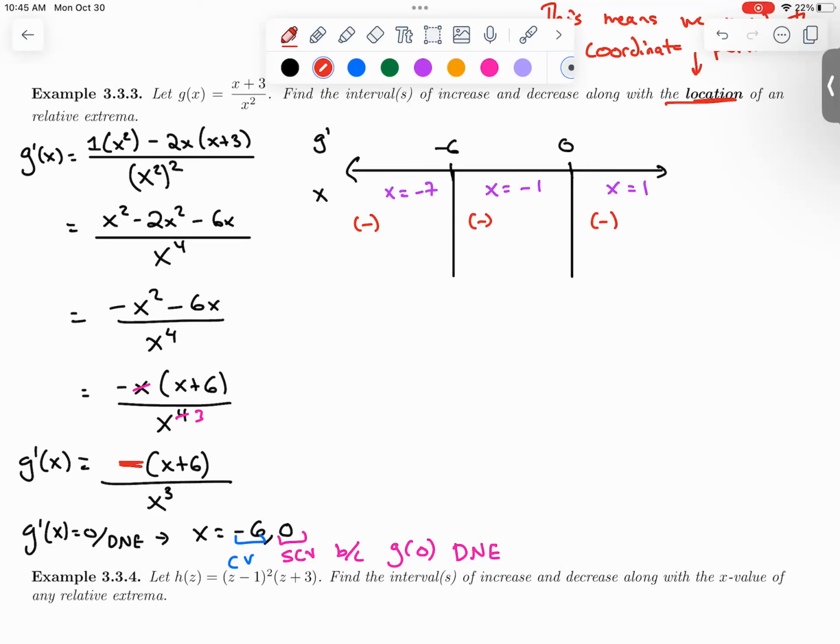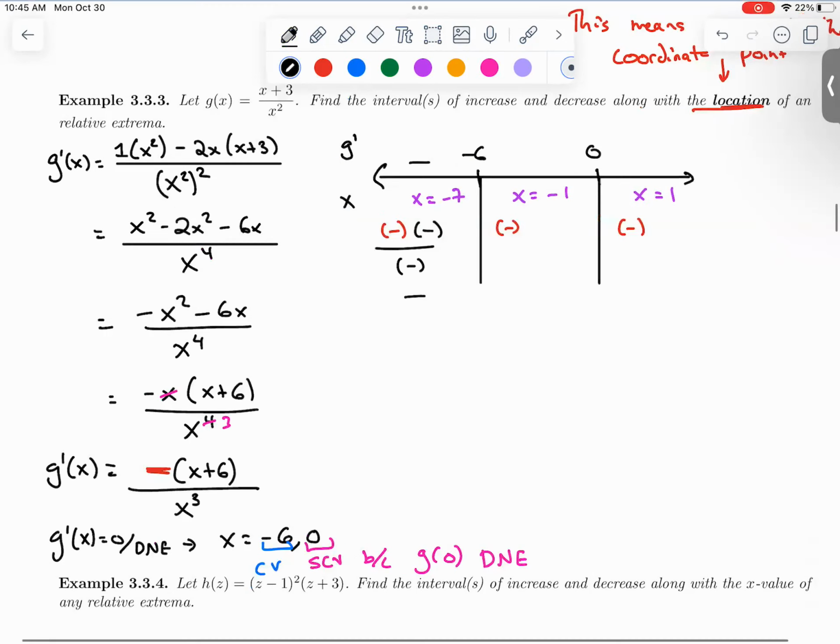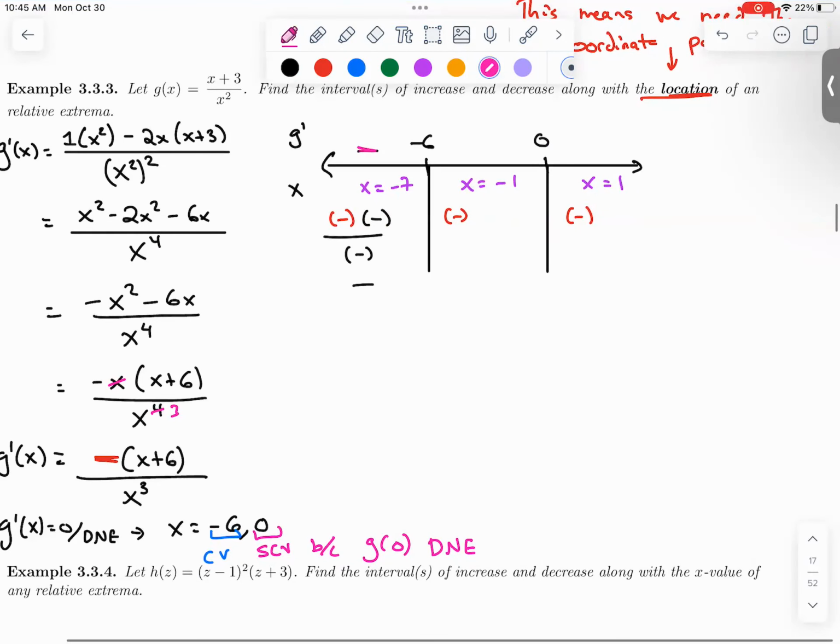So at -7, that'll be a negative over a negative, which is a negative here. So it is negative and therefore decreasing. Plug in -1, you get positive up in the numerator, negative down in the denominator because it's -1 cubed.